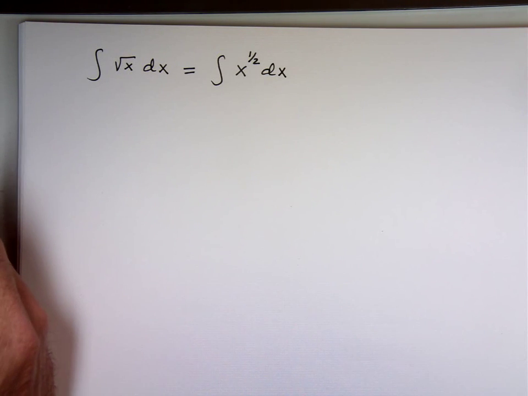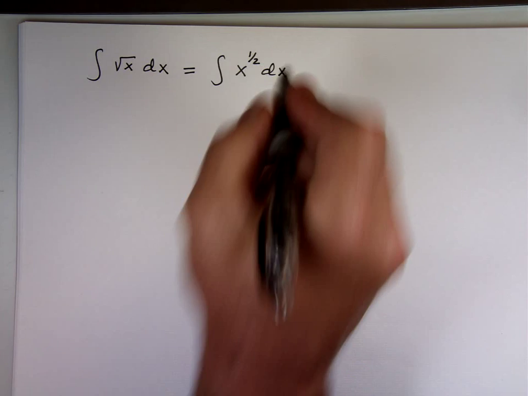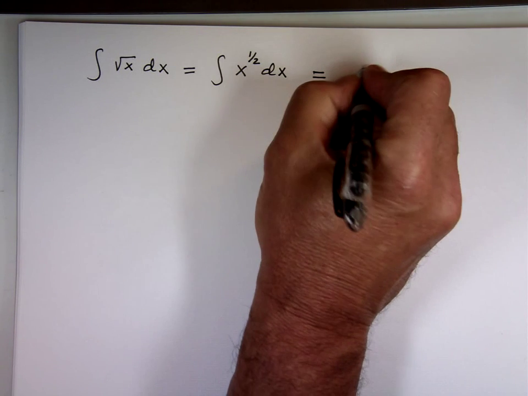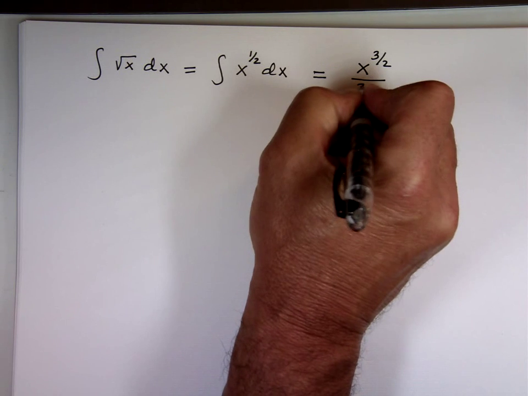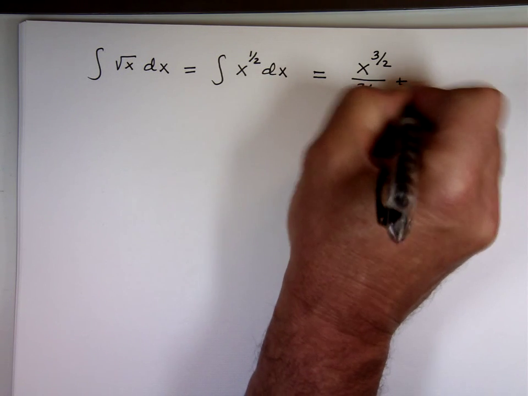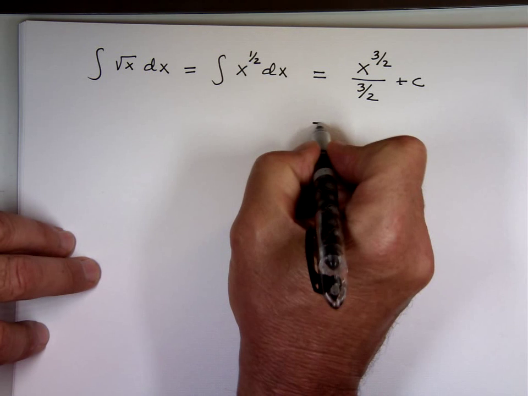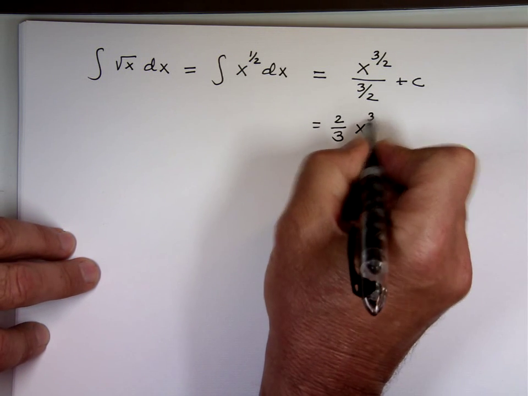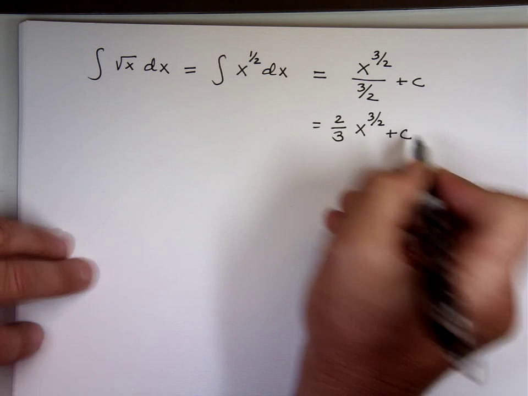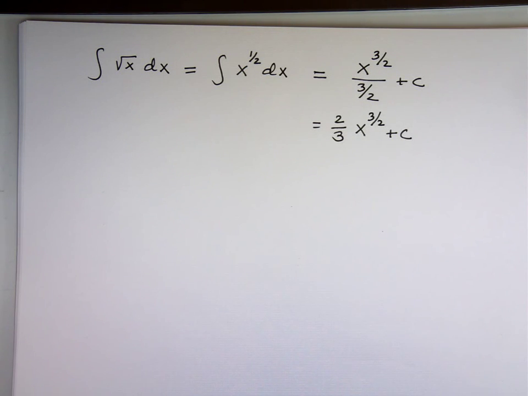So add 1 to the power and divide by the new power. When you add 1 to the power, what's 1/2 plus 1? 3/2, divided by 3/2, plus c. Well, dividing by 3/2 is the same as multiplying by what? 2/3, yep.